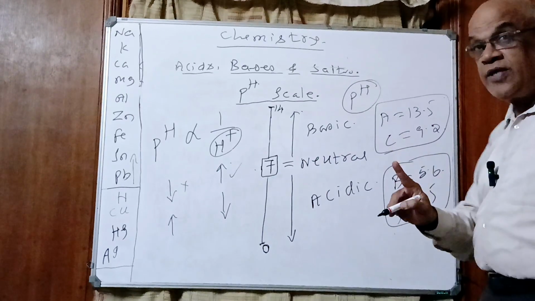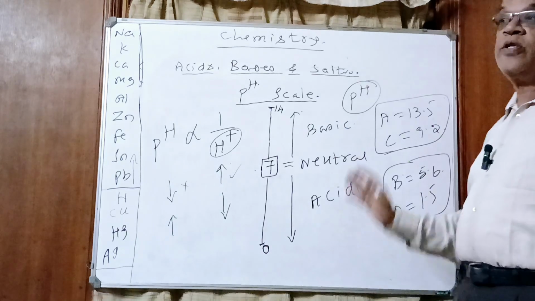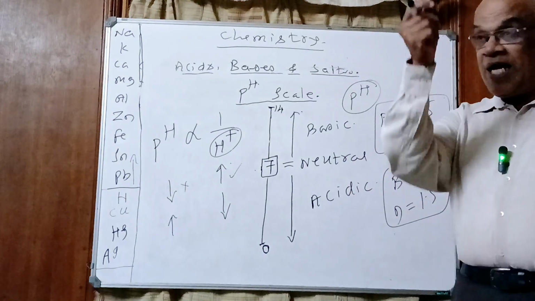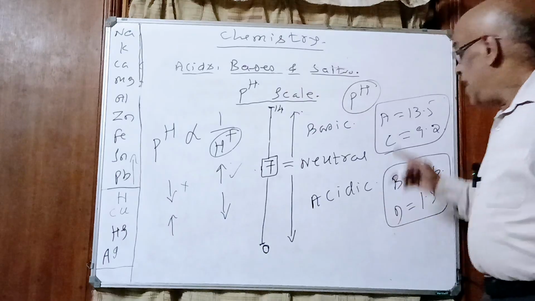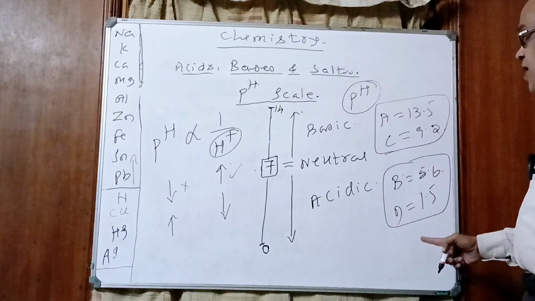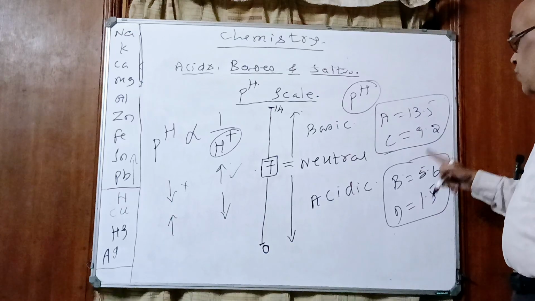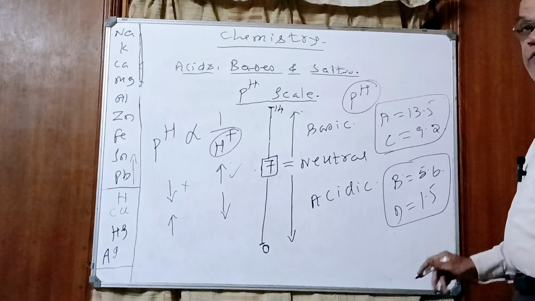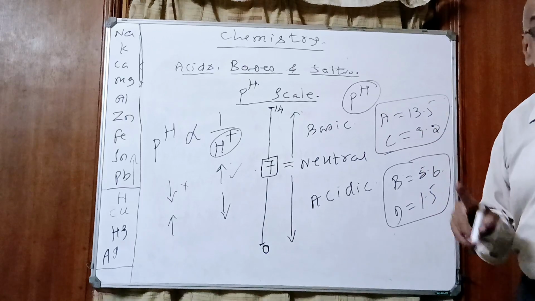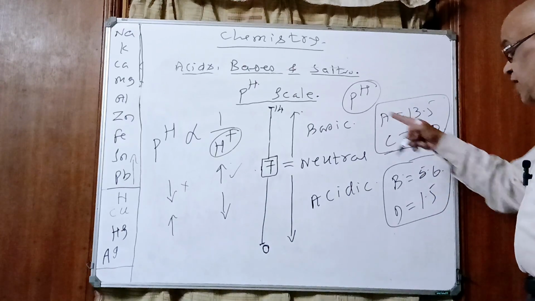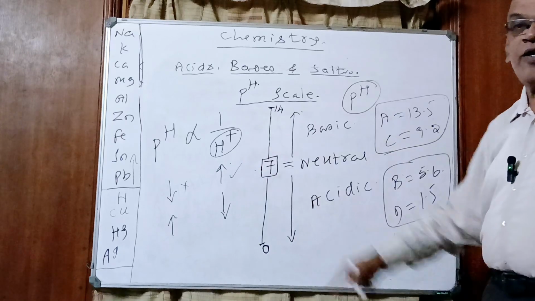Now the question is, see, MCQ. Many children say that MCQ is very easy. I call it a leg pulling question. They pull your legs. They will ask: A, B, C, D are 4 chemicals whose pH values are 13.5, 9.2, 5.6, 1.5 respectively. Which is strong acid? As the pH decreases, acidity increases, concentration of hydrogen ion increases.